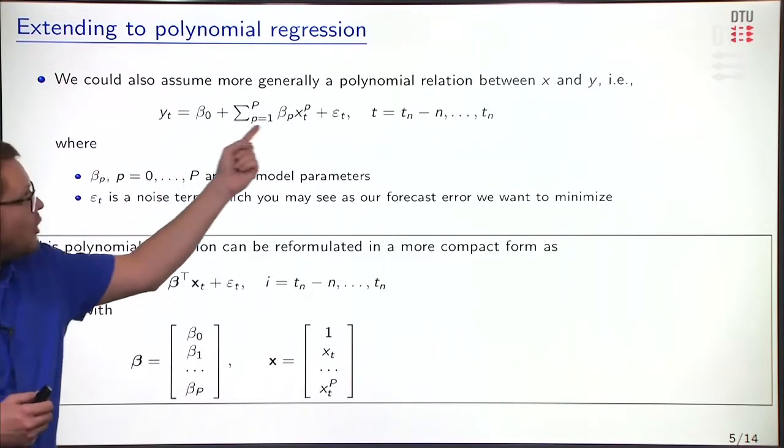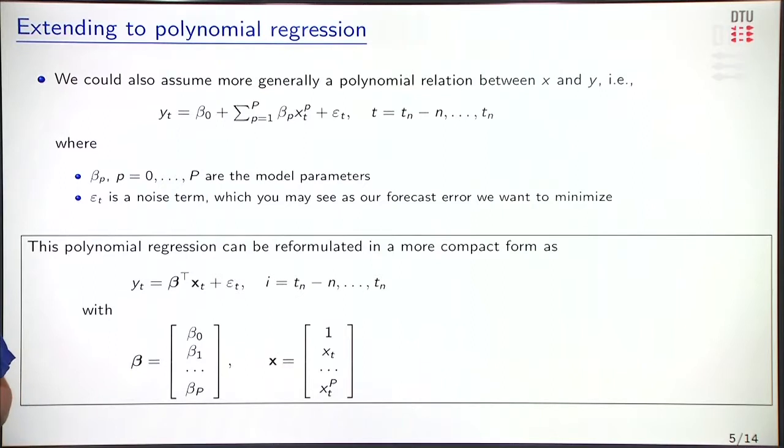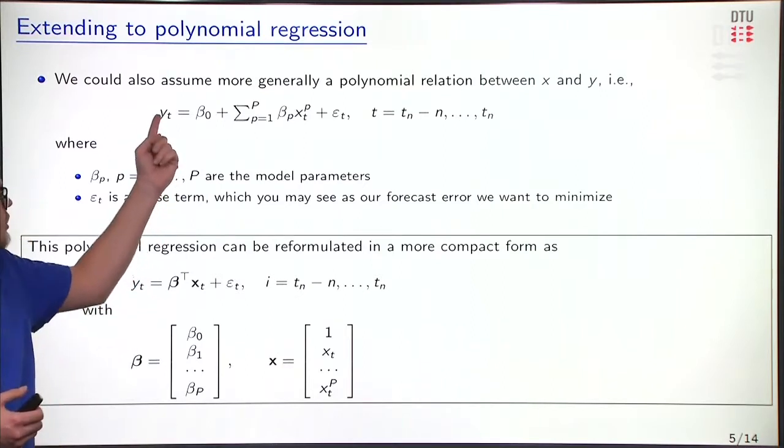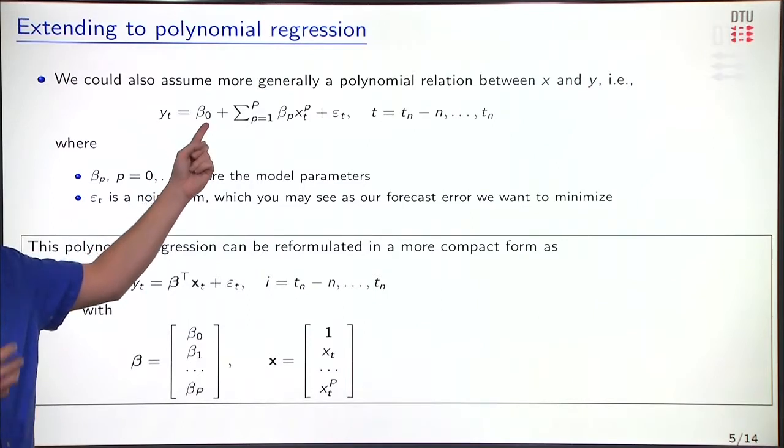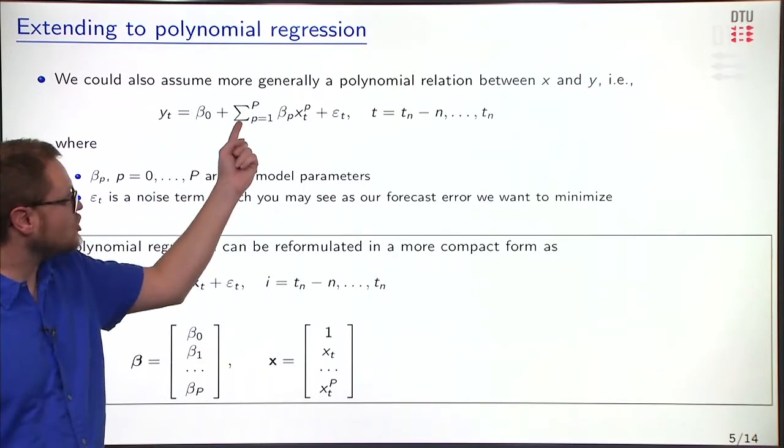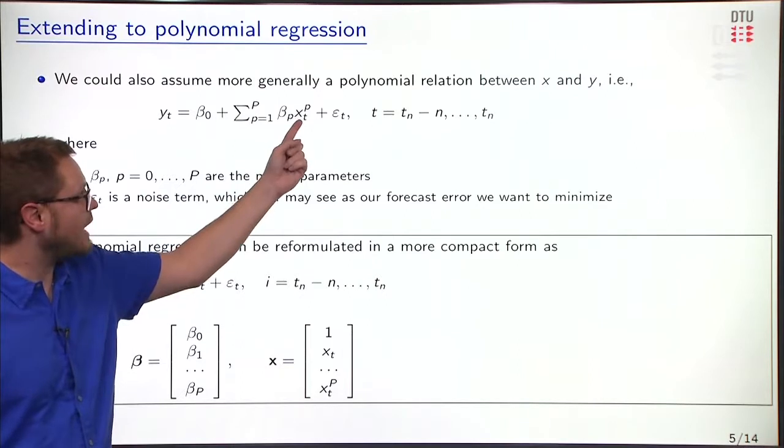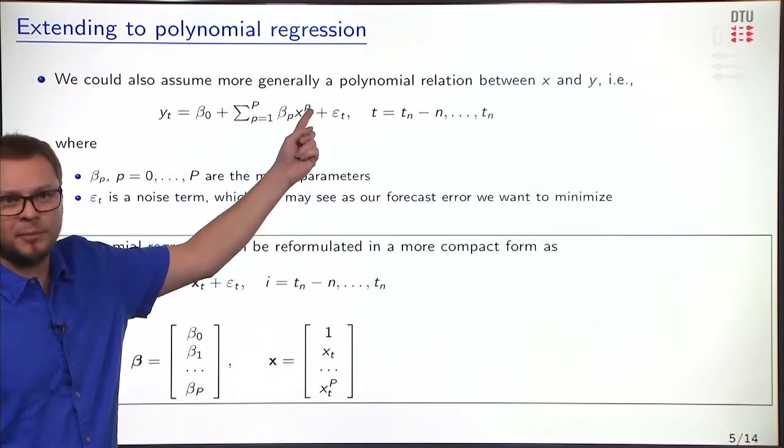We can write a polynomial regression model consequently in this way. So we try to explain yt as a sum of an intercept as before, and then a sum of coefficients times xt at the power p.